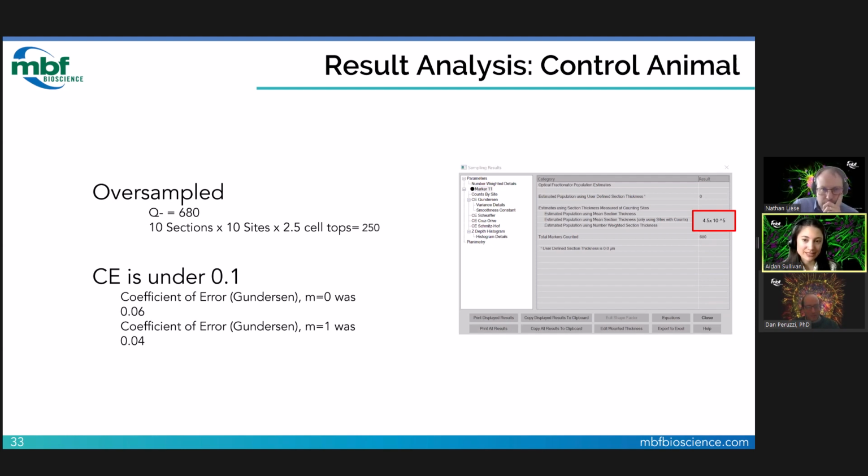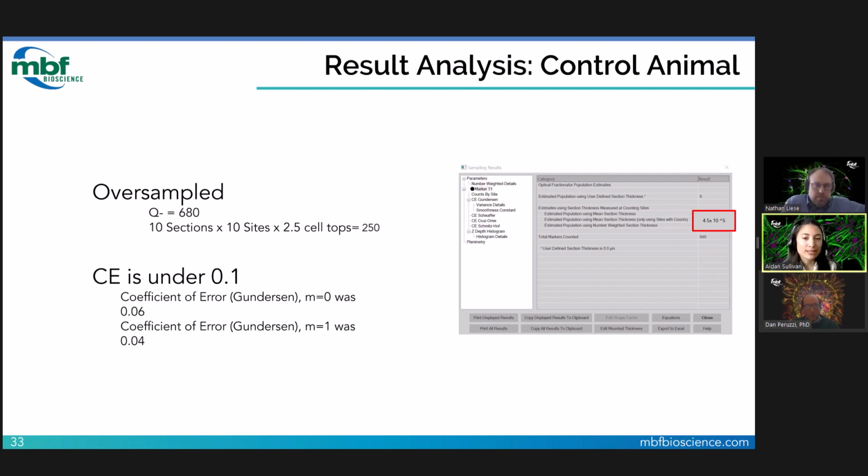We were expecting closer to 250 cell tops instead of 680. And we were aiming to count 10 sections and 10 sampling sites per section and an average of 2.5 cells per dissector to get that 250 cell tops.